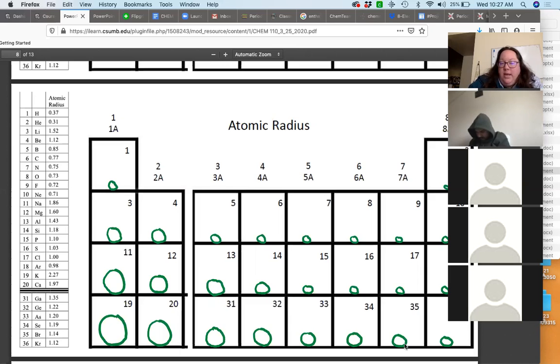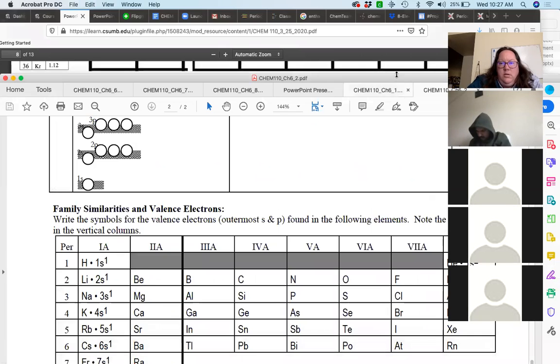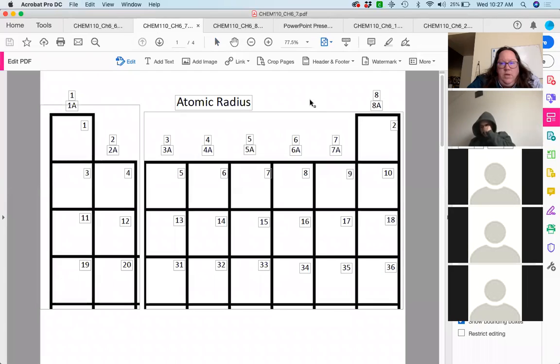So for the moment, I'd love for you to take a different example. In the PDF, you actually have several to choose from. So we did atomic radius, but you can choose something else, so ionic radius or ionization energy.